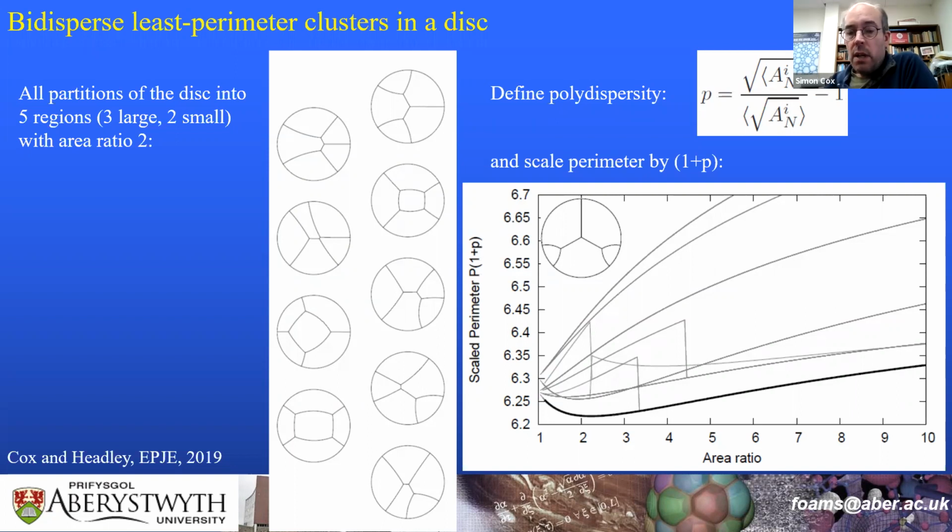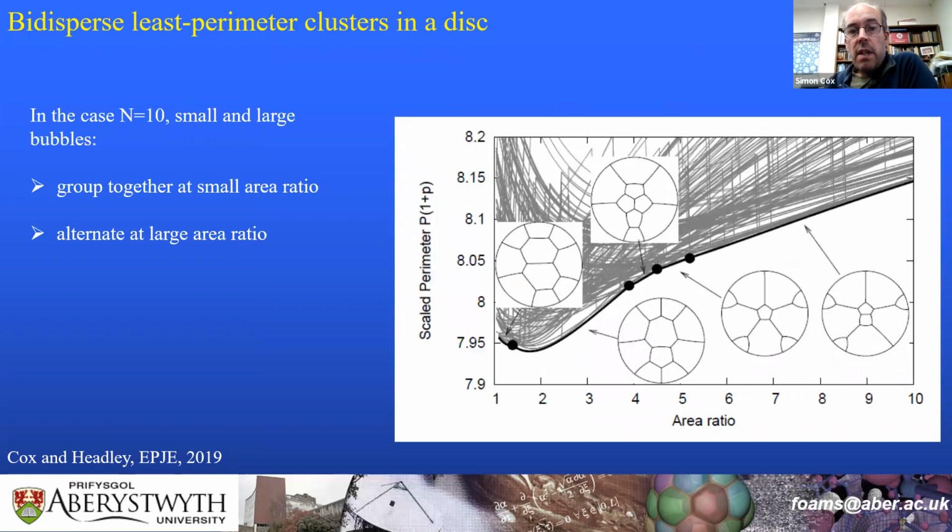But as you increase the number of cells, it starts to become much more interesting. So this is the largest number we chose. You can see there are many candidates, and we explored each of their trajectory as the area ratio varied, and then picked out the region over which each of them had the optimal pattern for that area ratio.